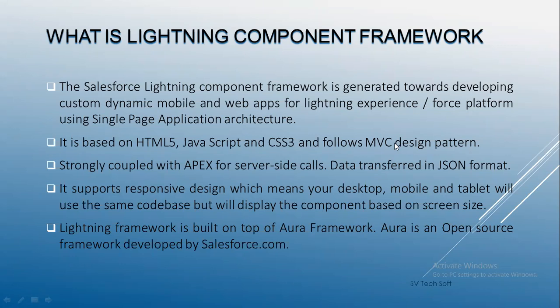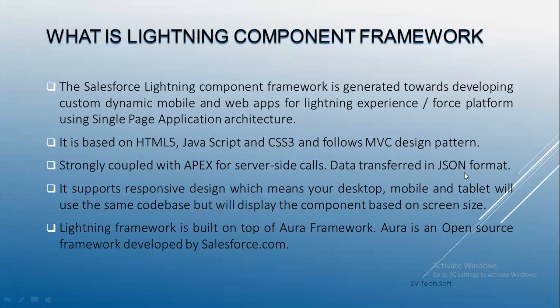Whenever you send a request or get a response from the Apex class, the data transformation in between happens in the form of JSON. What is JSON? JSON is JavaScript Object Notation. It is completely lightweight. That is why even REST integration uses JSON for data transformation.